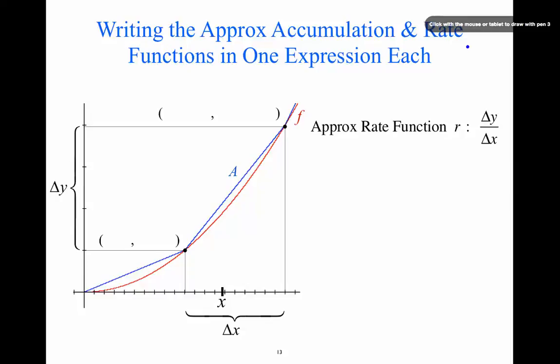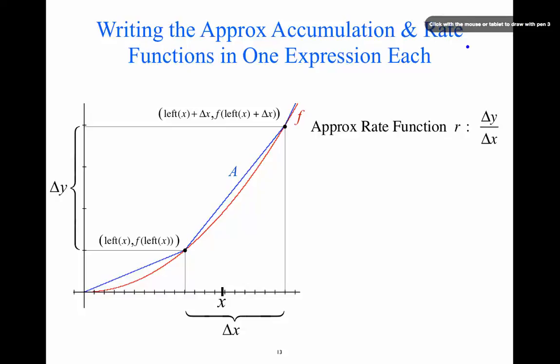The coordinates of the initial point: left x, f of left x. So what's the x coordinate of the final point? Left x takes us to the start, and then we go an additional delta x over. So that x value is left x plus delta x, and then f of that.